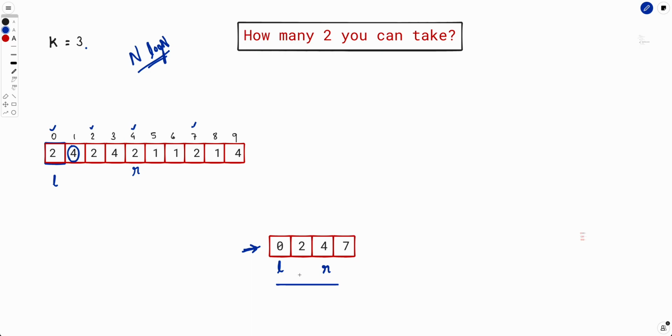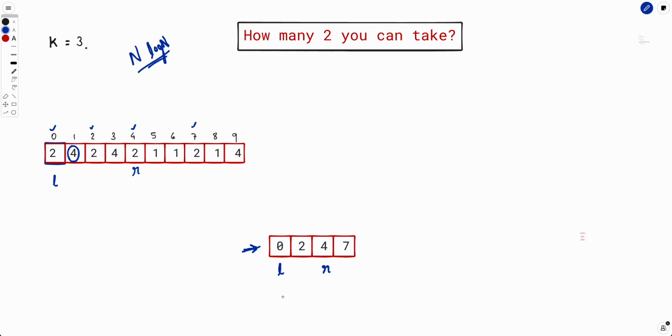Now what will be the value for this L? Can the value be smaller than the R that we got for the previous element? If the answer is no, then you can apply 2 pointers, right? So in this particular problem the answer is no.